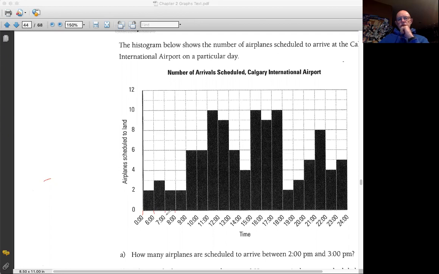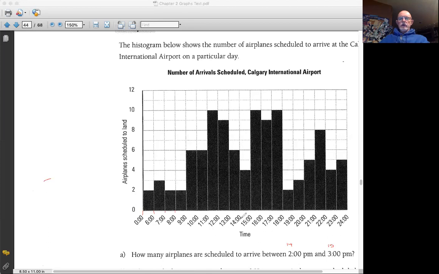So the first question is how many airplanes are scheduled to arrive between 2 p.m. and 3 p.m.? Well, 2 p.m. is 1400 and 3 p.m. is 1500 hours.